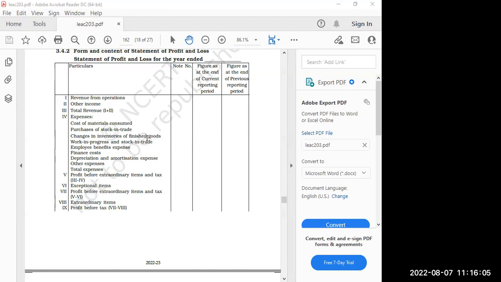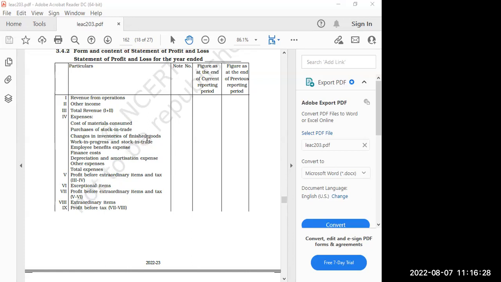I have an appeal to all the BBA and BCom, so-called commerce students. You have to write the P&L account and prepare the balance sheet only in this format in the exam. If you write anything else that you studied already, you will get 0. I repeat again. You will get 0 if you are not following this format.